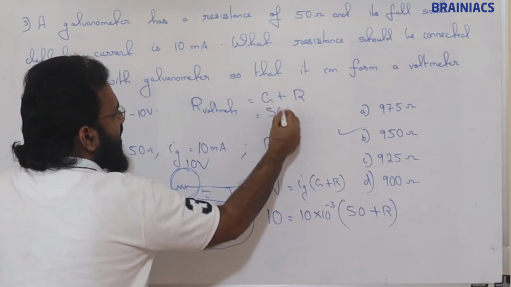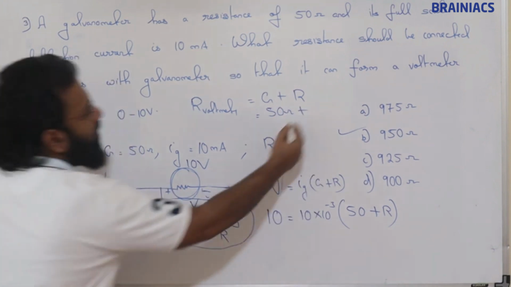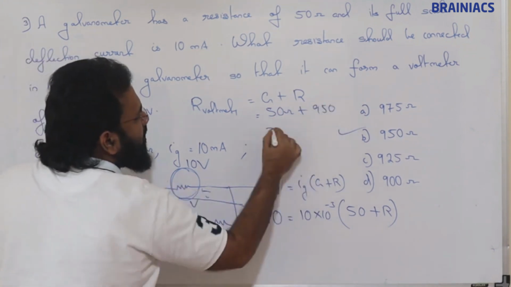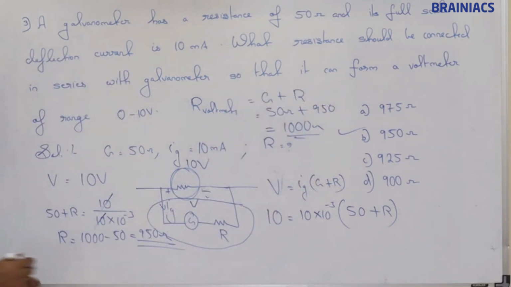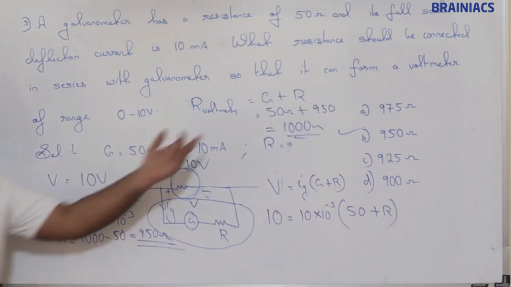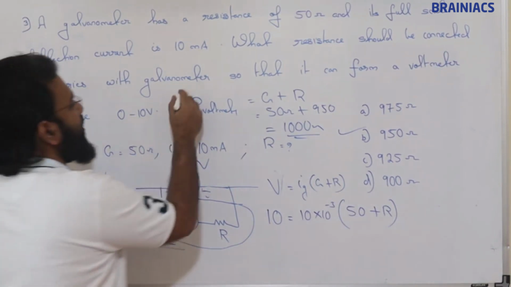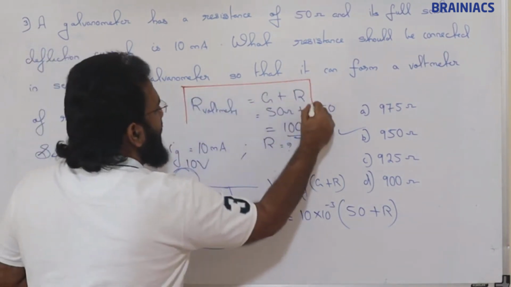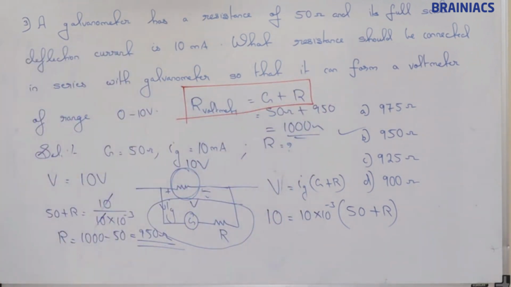Galvanometer resistance is 50 ohm, and the resistance which we found is 950 ohm. This is going to be how much? 1000 ohm. This is not asked in the question, but I am just mentioning it for your understanding. So the resistance of the voltmeter is nothing but G plus R.